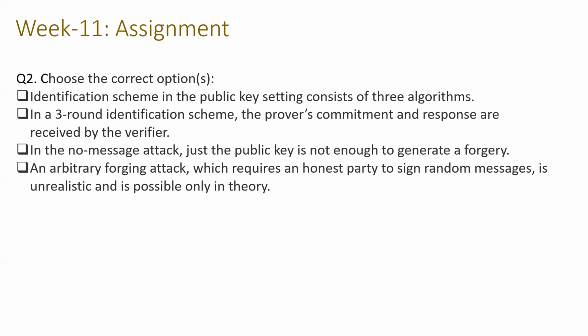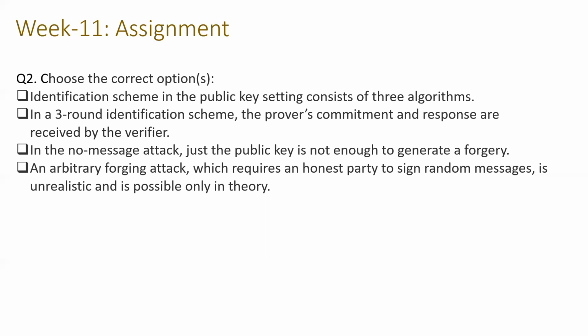So sigma 1 is a valid signature corresponding to M1. Now you compute M times M1 inverse and denote it as M2. That means M1 times M2 is equal to M.